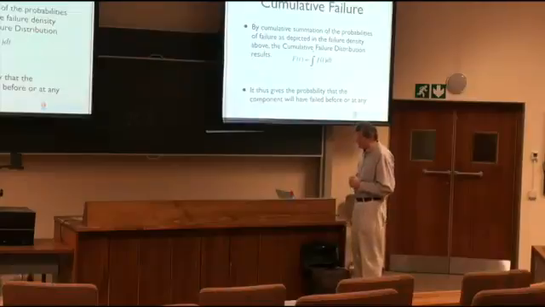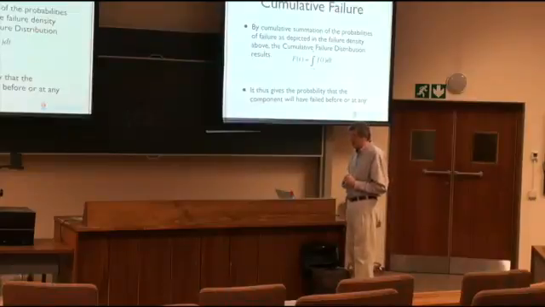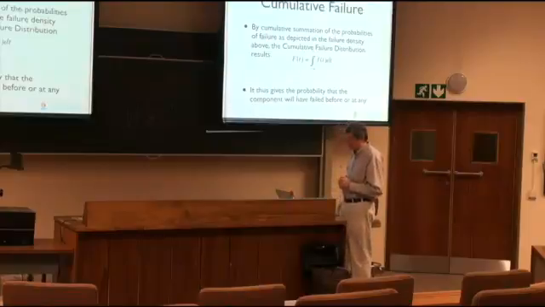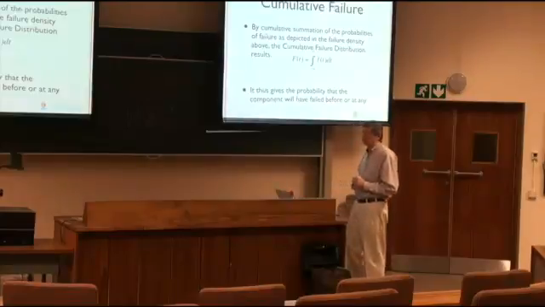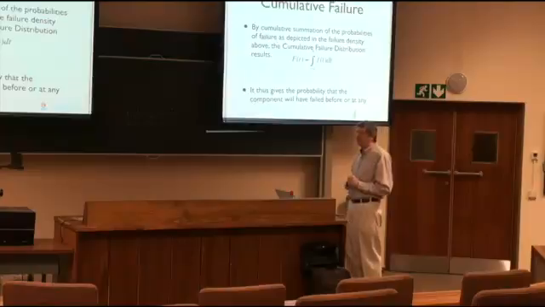And that is then the integral between minus infinity and infinity of f(t) dt, f(t) being the density function. So you sum the area under the density function to get a cumulative failure distribution. It thus gives the probability that the component will have failed before or at any point in time.